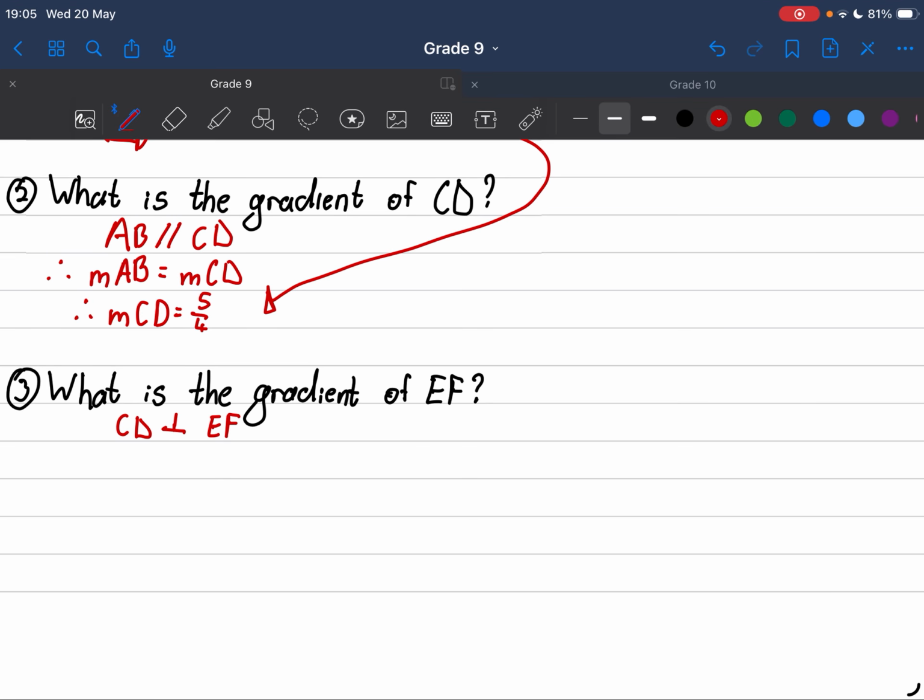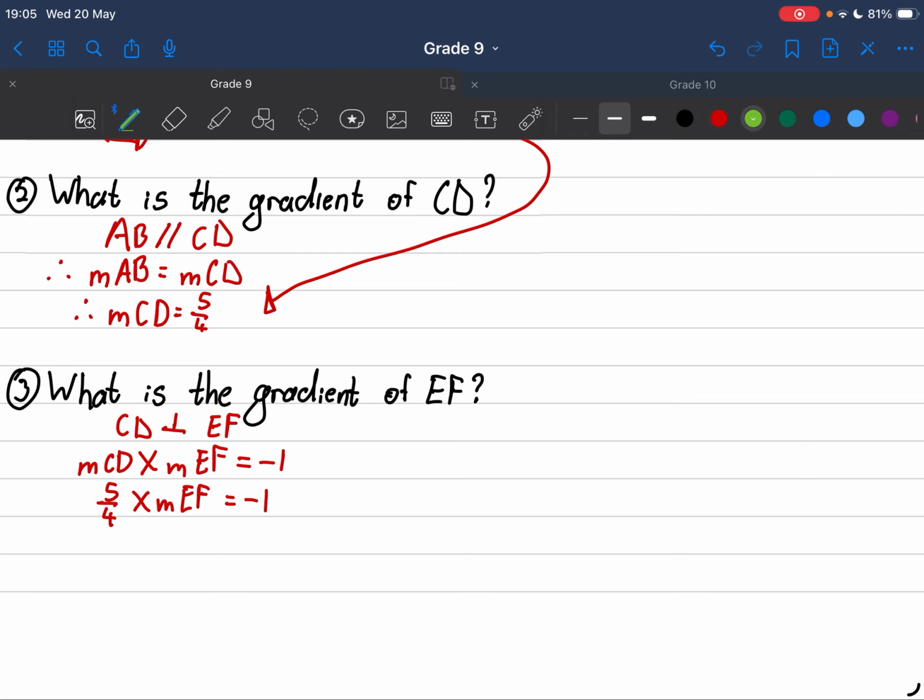What do we know about perpendicular lines and their gradients? The gradient of CD multiplied by the gradient of EF, because they're perpendicular, has to equal -1. And the gradient of CD we know is 5/4. So 5/4 times the gradient of EF is equal to -1.